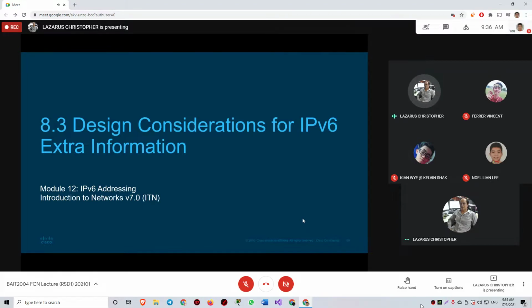Now class B, because the network portion is only 2 octets, therefore we have 2 octets for the host. So there are potentially more bits you can borrow. So the maximum for class B is basically 1 octet, 8, plus 6 from the last octet. So 8 plus 6 is about 14 bits. You can borrow up to 14 bits.